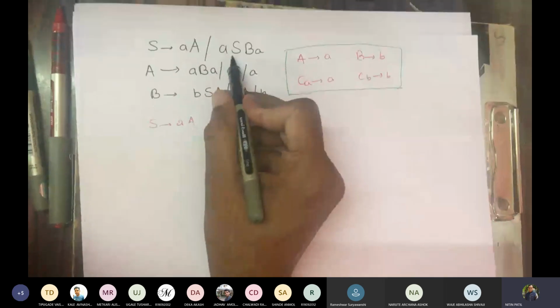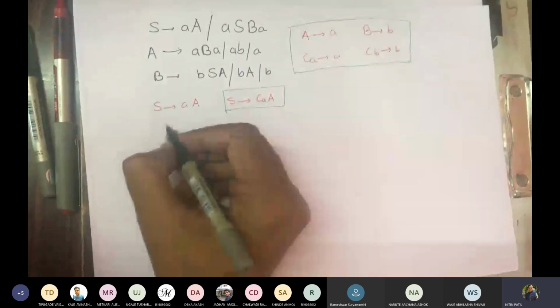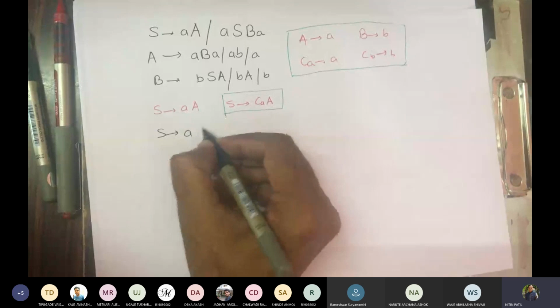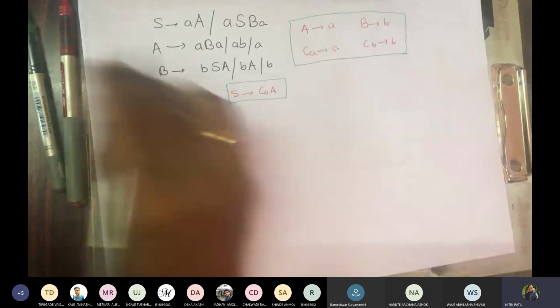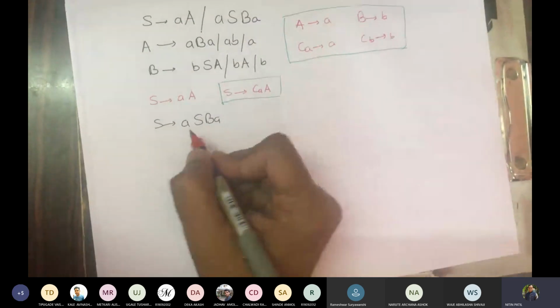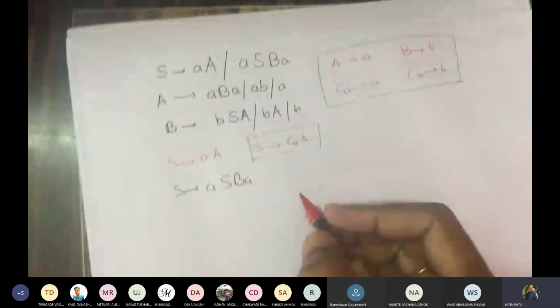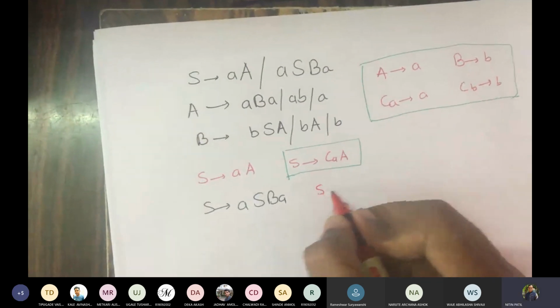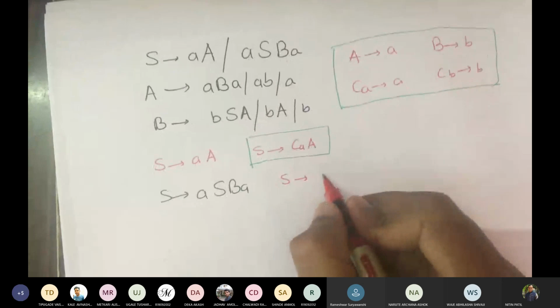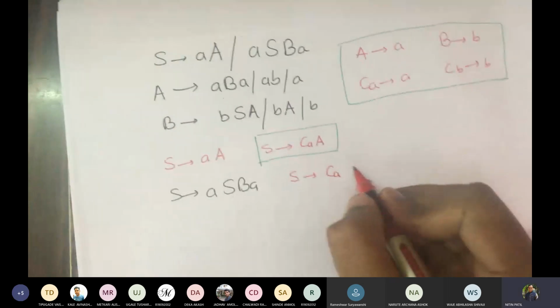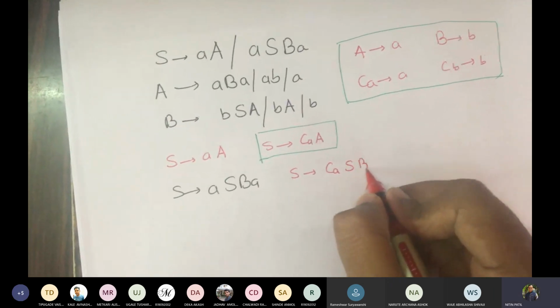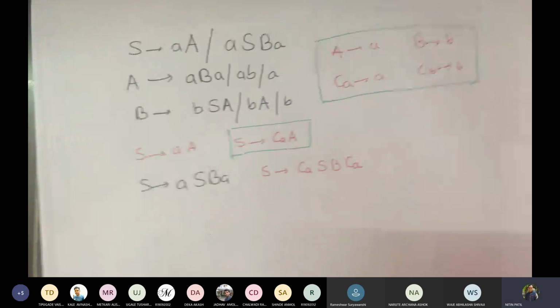Next, I will take this one now. S gives aSBa. So let us start. I will replace each occurrence of small a by CA. So we will write S gives CA, S, B and CA.